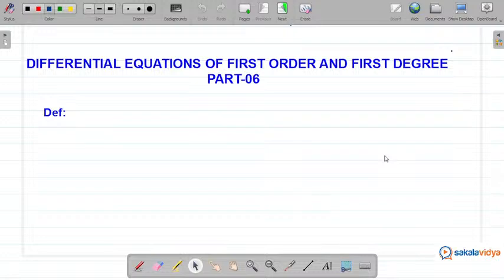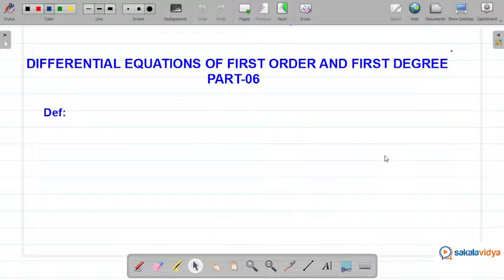This series covers the most important problems, and previous examination questions will also be dealt with later, after completion of this chapter.